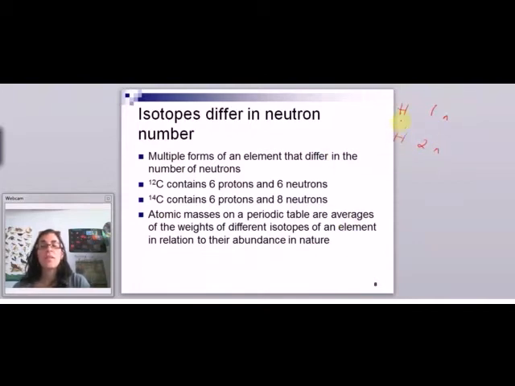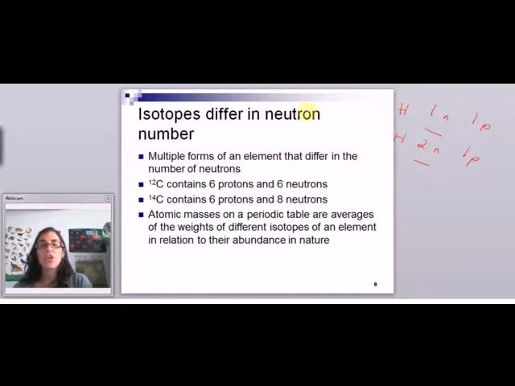So the atomic number would be exactly the same. They both have 1 proton. They're both still hydrogen, because as long as they have 1 proton, it must be hydrogen, because that's the defining feature of the atom. But I can differ in my number of neutrons.